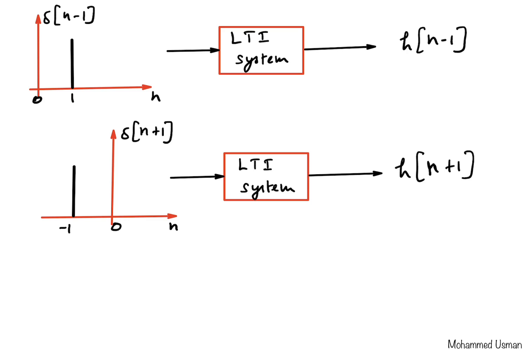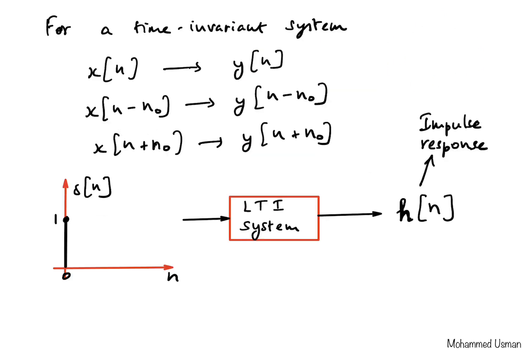Okay, so by the time invariance property, the response of the system to shifted versions of the impulse at the input is basically the shifted versions of the impulse response itself. So if there is any shift in the input signal, there is a corresponding shift in the output impulse response as well.